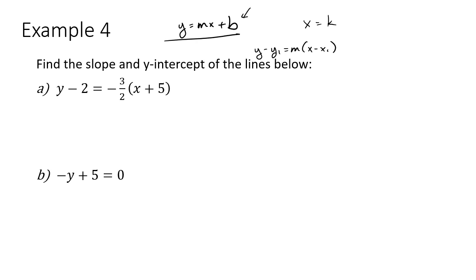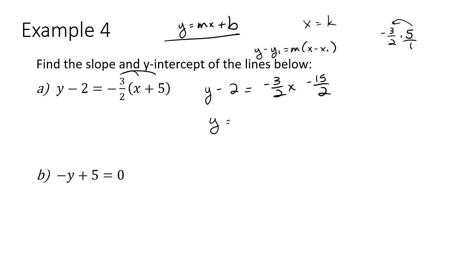So in this case, if I want to get y = mx + b so we can pick out the intercept, we need to distribute and combine like terms. If we multiply the negative 3/2 through, we would get negative 3/2 times x plus negative 3/2 times 5, which would just multiply into the numerator, if you think of it like multiplying fractions. So that would be negative 15 halves. But we still have this minus 2 that we need to get rid of.